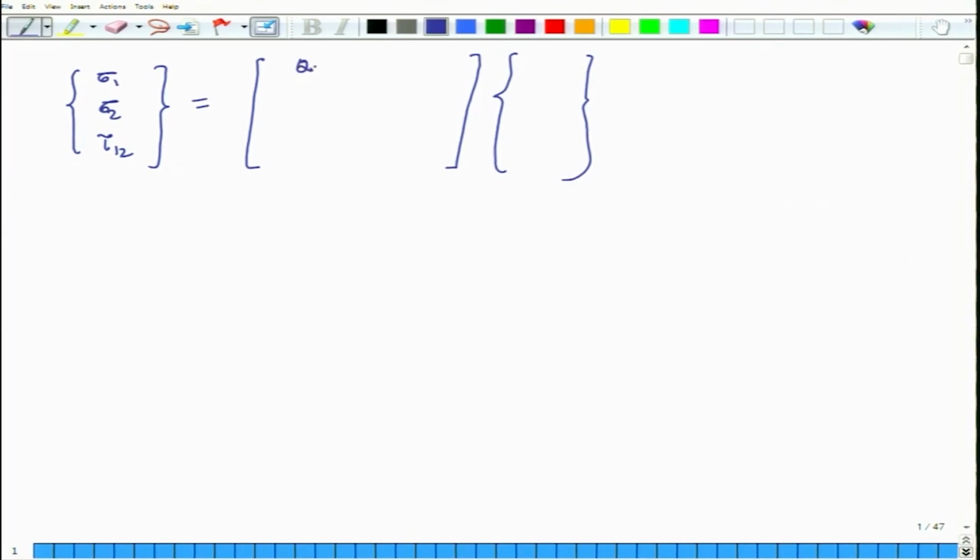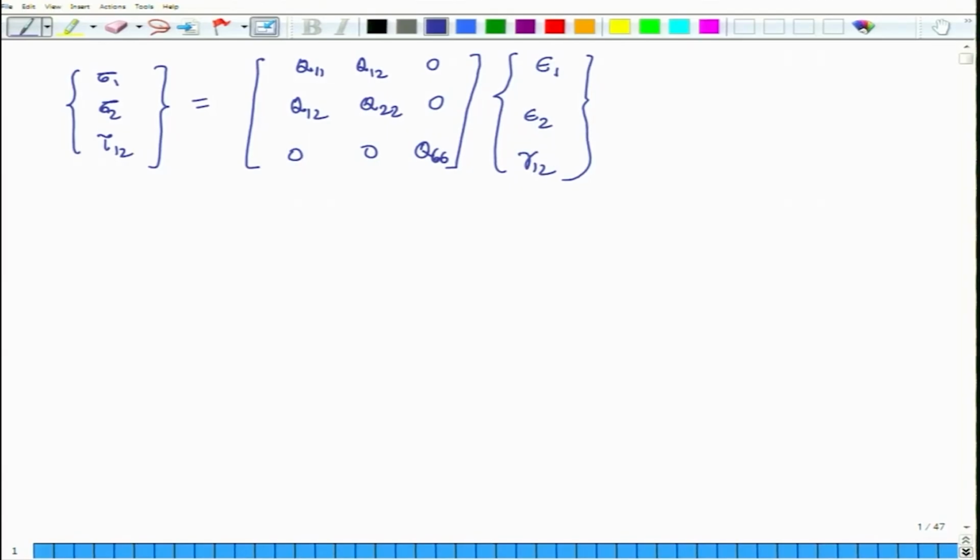The stiffness matrix is something like this: Q11, Q12, 0, Q12, Q22, 0, 0, 0, Q66, and on the strain side we have epsilon 1, epsilon 2 and gamma 12.